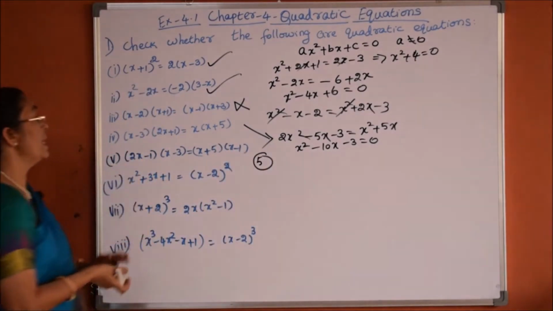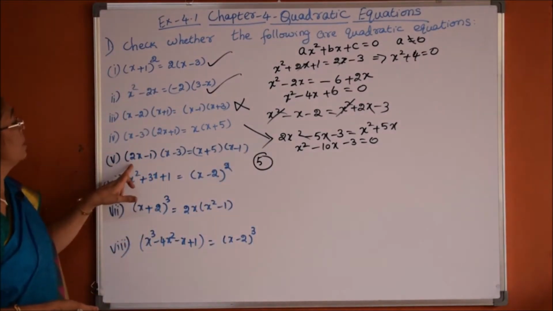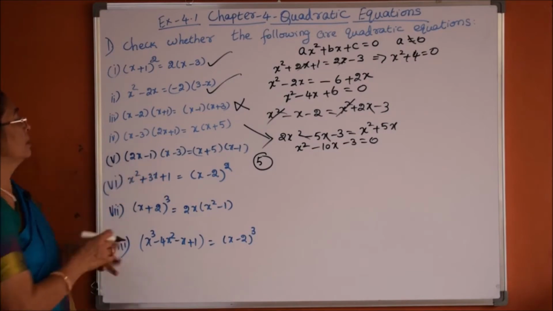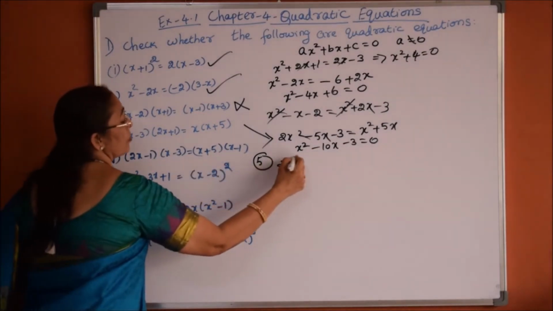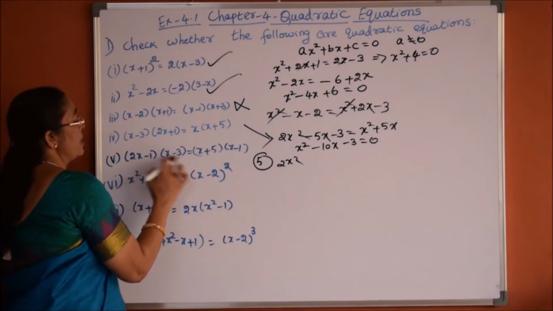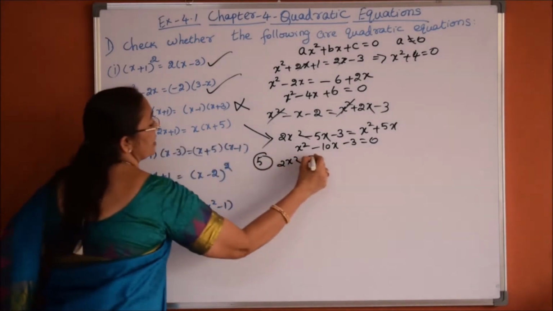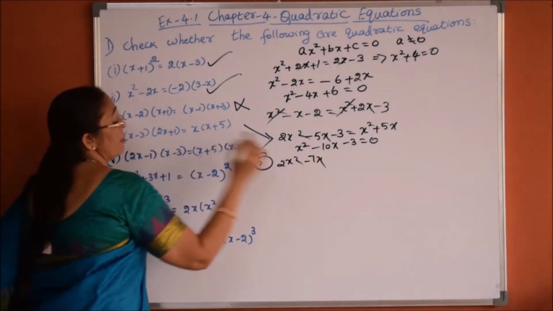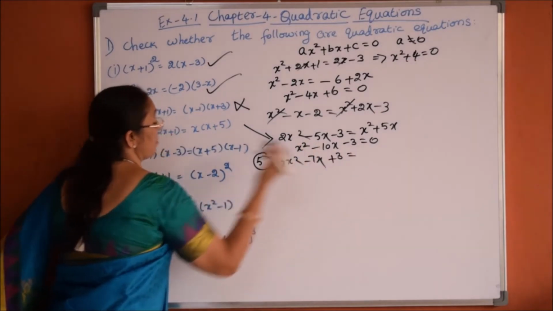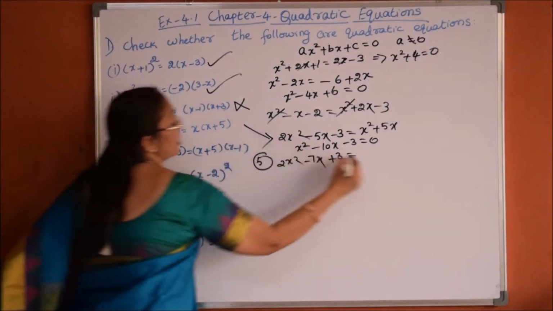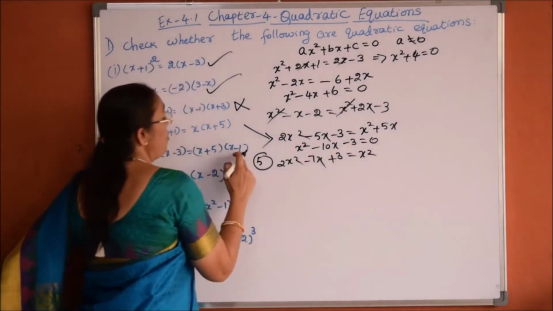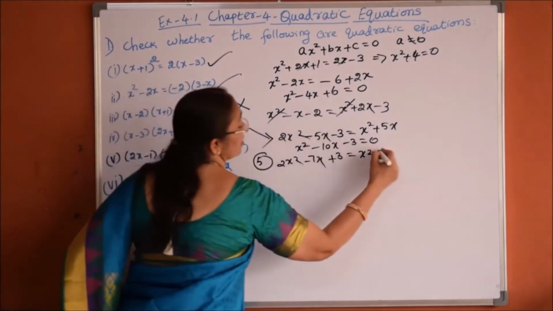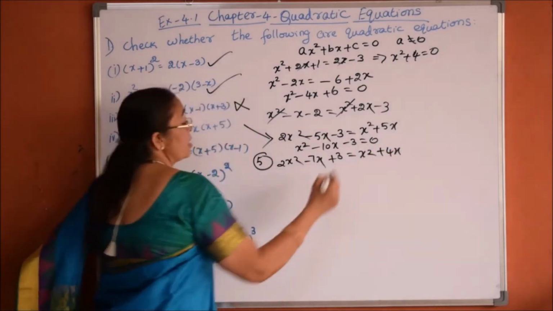Multiplying the left hand side, we will have 2x² as the first term, the second term minus 6x minus x, minus 7x, and minus 1 into minus 3 plus 3 is equal to x². We will have minus x plus 5x, which is 4x minus 5.